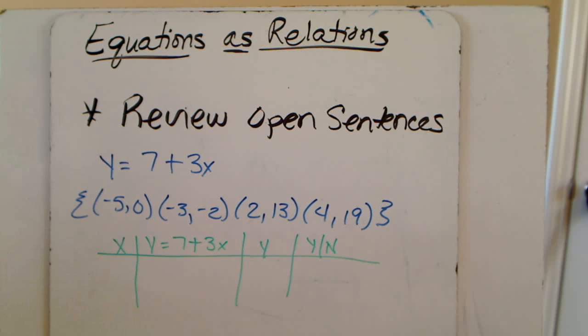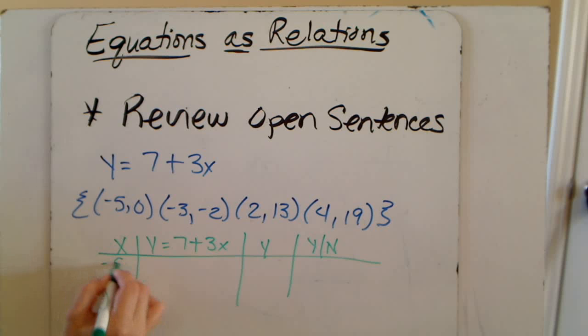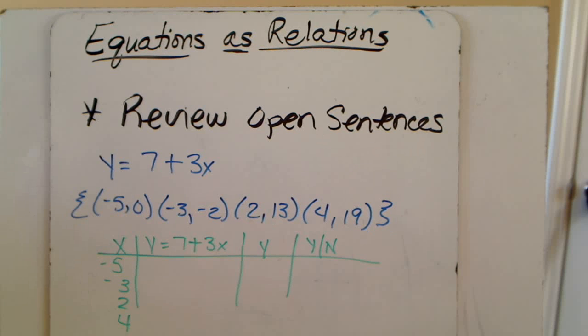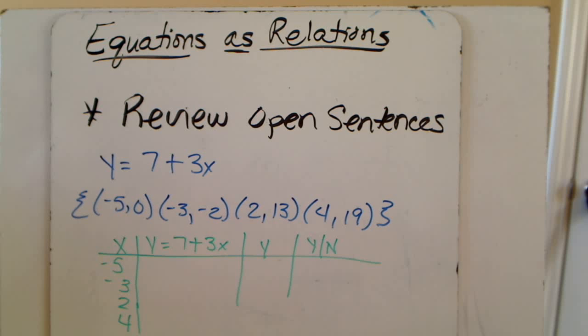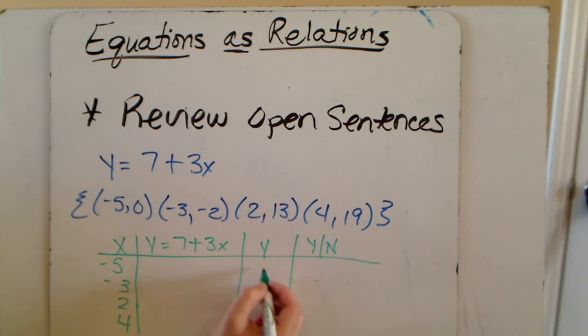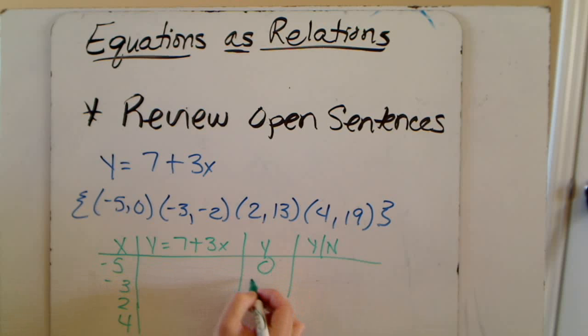Our X values are already given to us here: -5, -3, 2, and 4. And our Y values were also already given to us. Corresponding with -5 is 0, -2, 13, and 19.